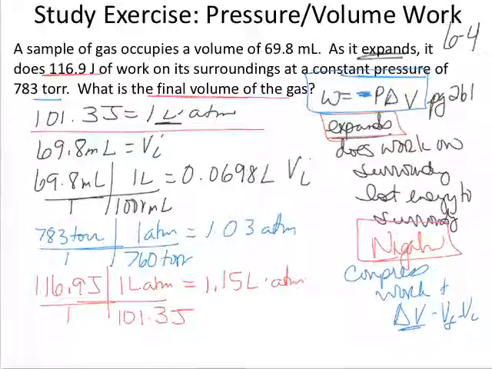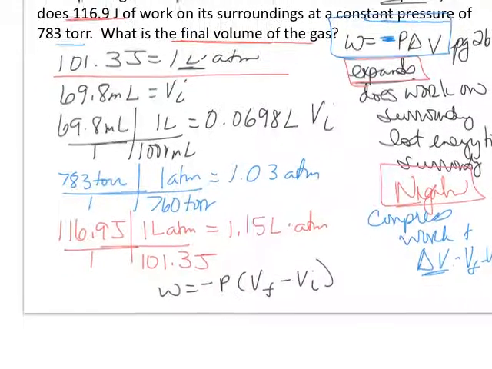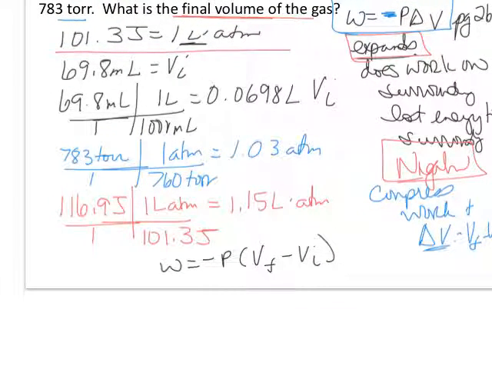And now we'll have everything in the correct units, liter atmosphere, so we can just plug and chug it in our formula. Work equals negative P times V final minus V initial. And we put in our variables here.